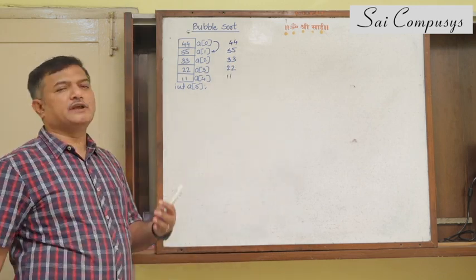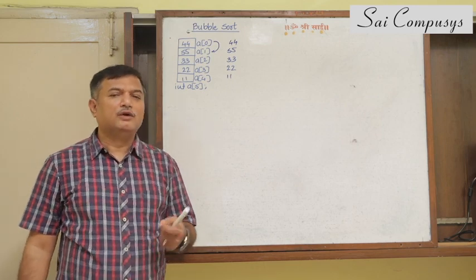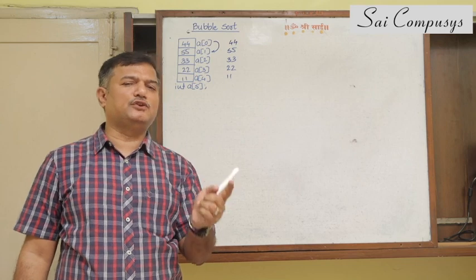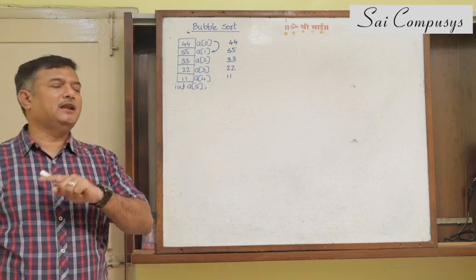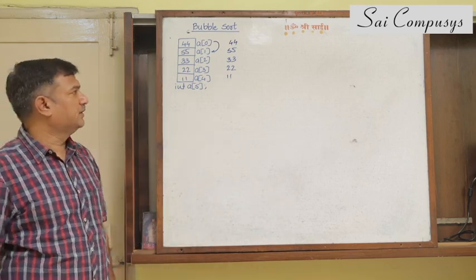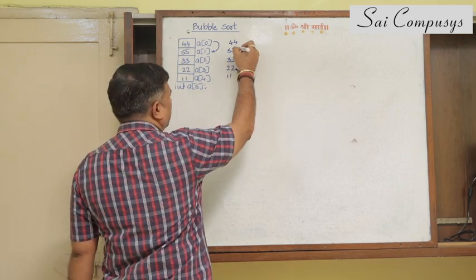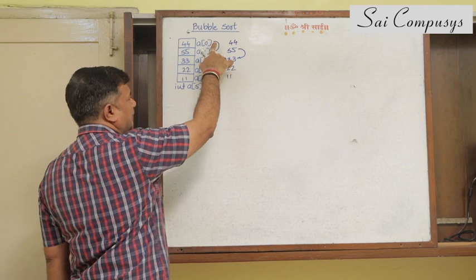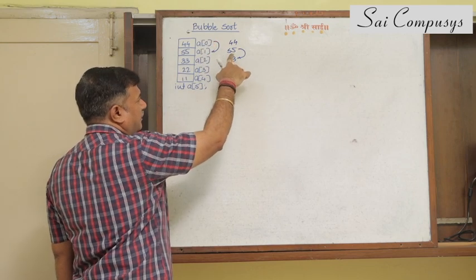The first comparison was A0 with A1. What selection sort does here is it compares the same selected A0 with A2 next. I'll do something a bit different in bubble sort. I'll compare A1 with A2.